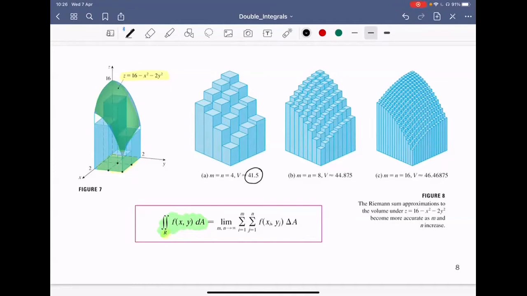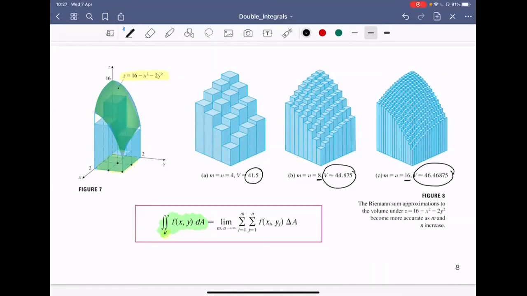If you separate the base into 8 times 8 pieces, this is going to be 64 pieces, 64 boxes. So you're going to get V, the volume, equal to 44.875. If you do more and more, the value of V is going to get better, and you're going to get an approximation that gets close to the exact value of the integral. Does it make sense?